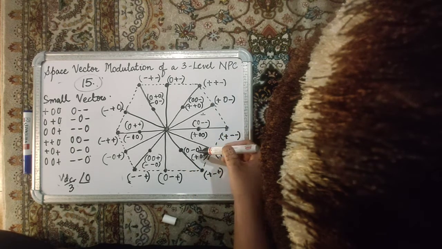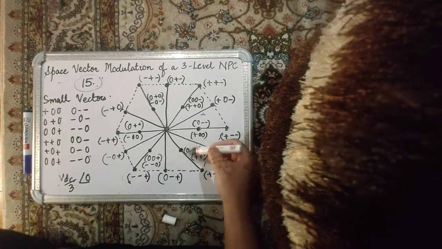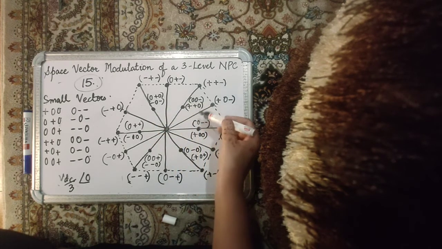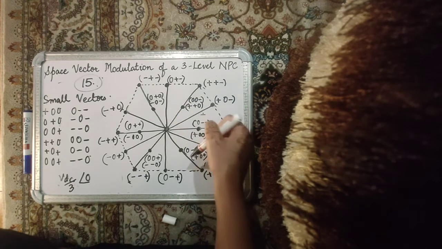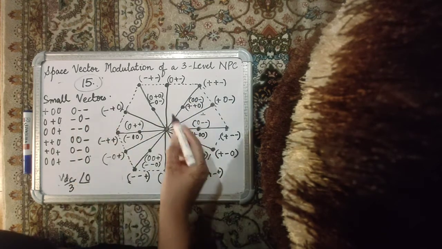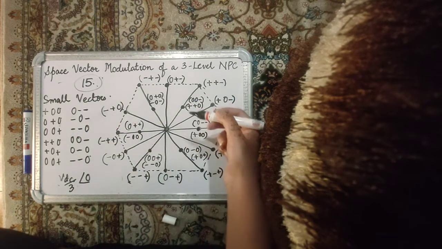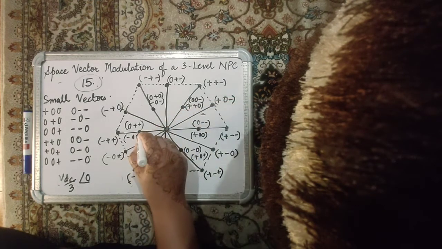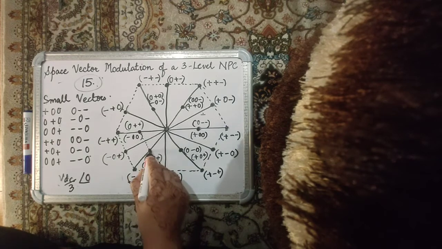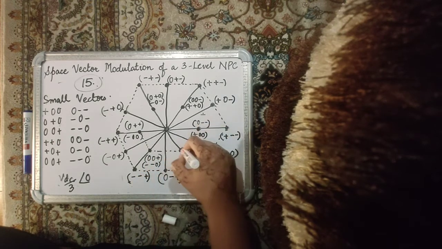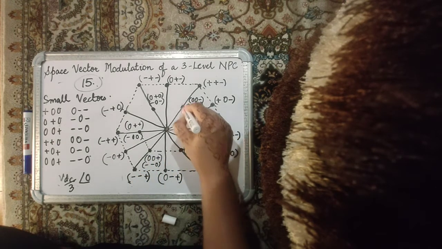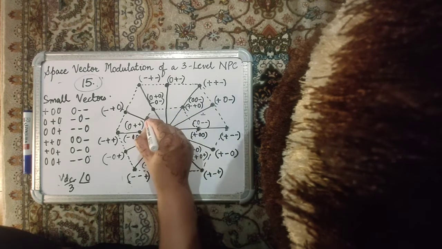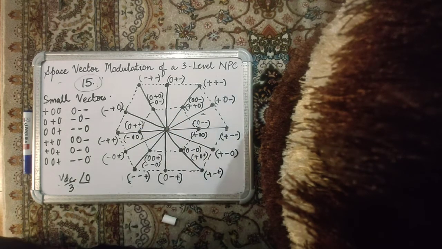So each of the small vectors is occupied by 2 switching states. You don't need to really memorize it. If you do the space vector diagram, you can easily draw it, and if you're not doing the space vector diagram, I think this data should be available to you anyways. So these are your small vectors, and they are 12 in number, but they're occupying 6 positions on the space vector diagram.